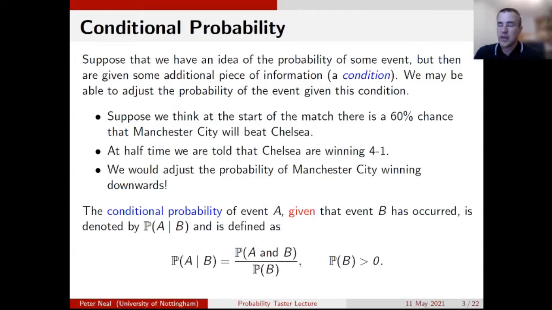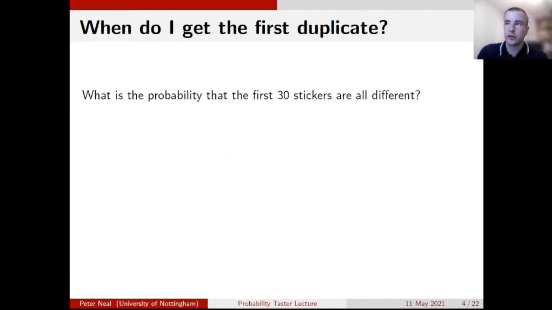An important thing to make this fully defined is that the probability of our event B is non-zero. We can't record any possible event there, for example, a football team scoring a negative number of goals. Okay, so how does that help us with the problem we're interested in?